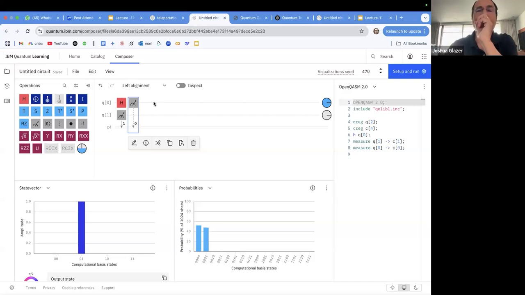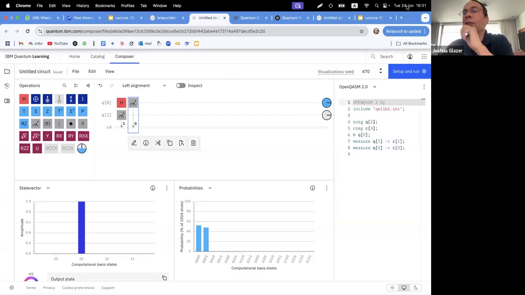Now, please understand, what we're saying here is pretty amazing, because we have a real random number generator. When I did this measurement, I really have a 50% chance to get 0 or 1. We never had this in our lives before.